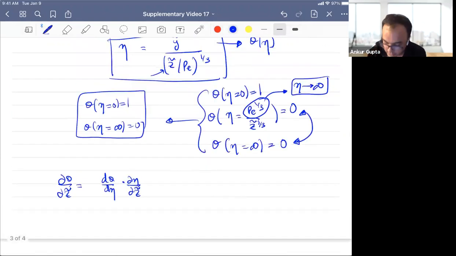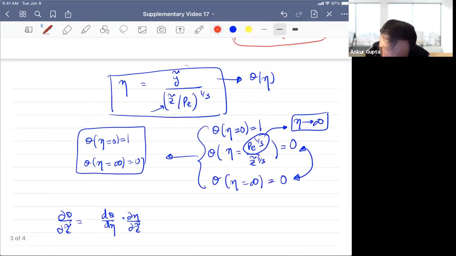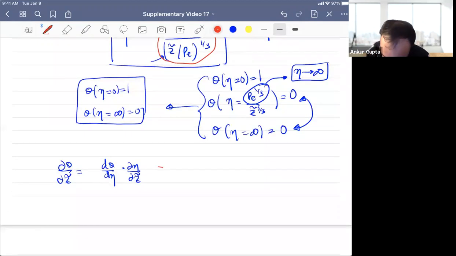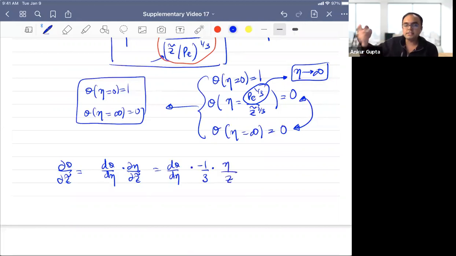If you look at this, I have z tilde with a power of -1 by 3 in eta. So I'll write this as d theta by d eta into -1 by 3, because that's the power of the z value, and I can write this as eta by z, because I'll increase the power of z by 1.